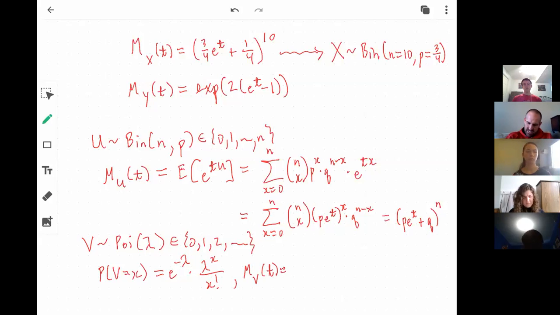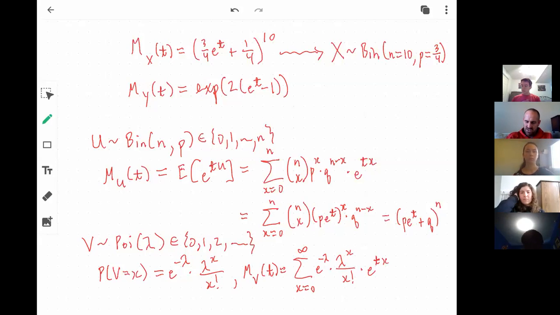Well, it's going to be the sum, x going from 0 to infinity, of e to the minus lambda times lambda to the x over x factorial. But then I would have to multiply by e to the tx. Yes?